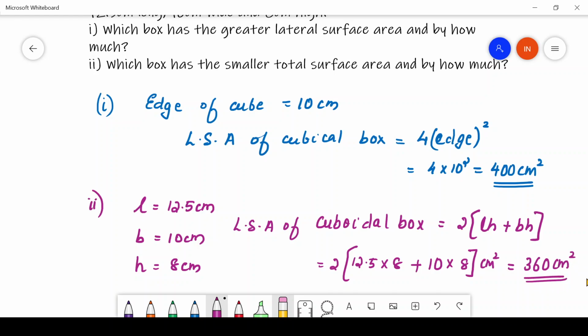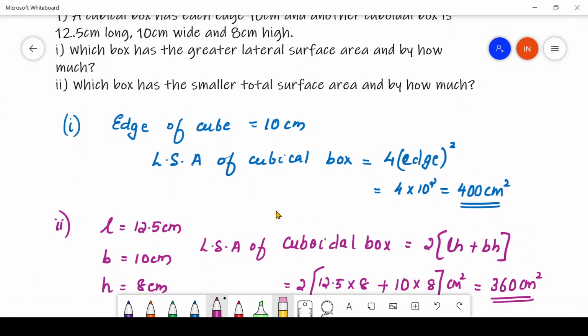So it is clear that the cubical box has the greater LSA than the cuboidal box, right? The greater lateral surface area is for the cube, and by how much?